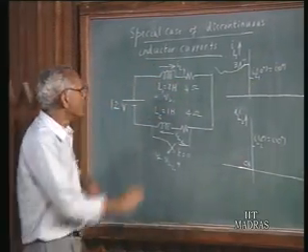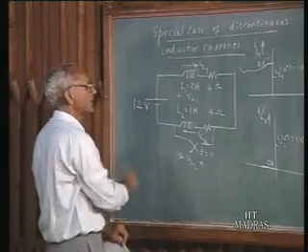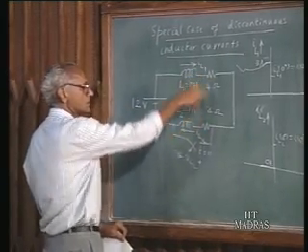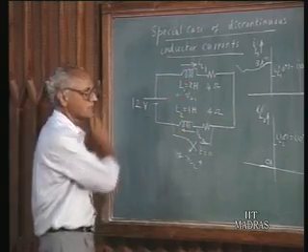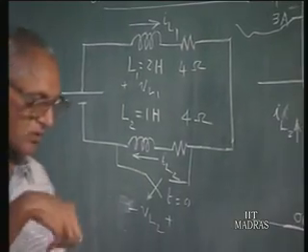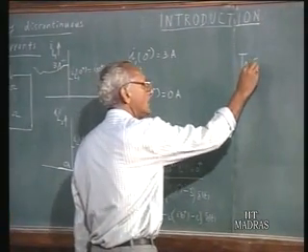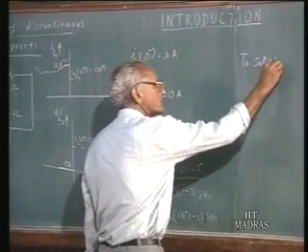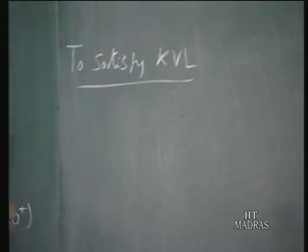Other voltages in this circuit are finite, the currents are finite, therefore the resistance drops are also finite. Therefore, this impulse voltage must be matched by this impulse voltage, so that Kirchhoff's voltage law is satisfied. To satisfy Kirchhoff's voltage law, we require that these two impulses be matched.